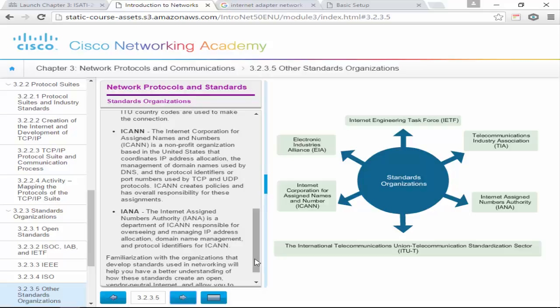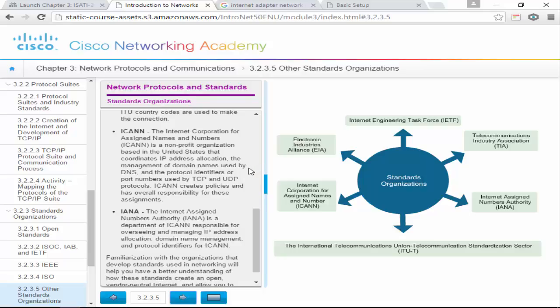So all public IP addresses are registered through the IANA, which is a part of ICANN, the Internet Corporation for Assigned Names and Numbers, a non-profit organization based in the United States that coordinates IP address allocations, the management of domain names used by DNS, and protocol identifiers or port numbers used by TCP and UDP.